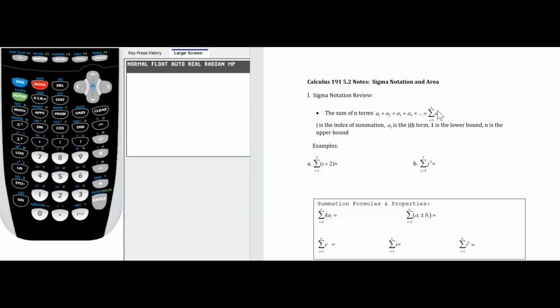You can see that in this notation here, you've got a few different things. You've got i equals 1 on the bottom. i is known as the index of summation, so this can be any variable whatsoever, but typically whatever variable this is down here is the same variable that you would see in here. And so what we do with sigma notation is we start down here, we plug this number in, and we would get a1.